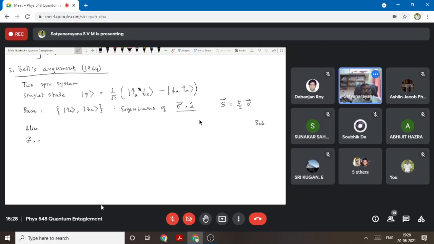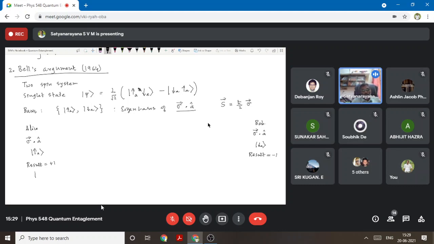If Alice measures sigma dot A cap and Bob also measures sigma dot A cap, then look at the state: whenever this guy gets up A, this side will be down A. So the result in this case is plus 1 and the result here is minus 1.